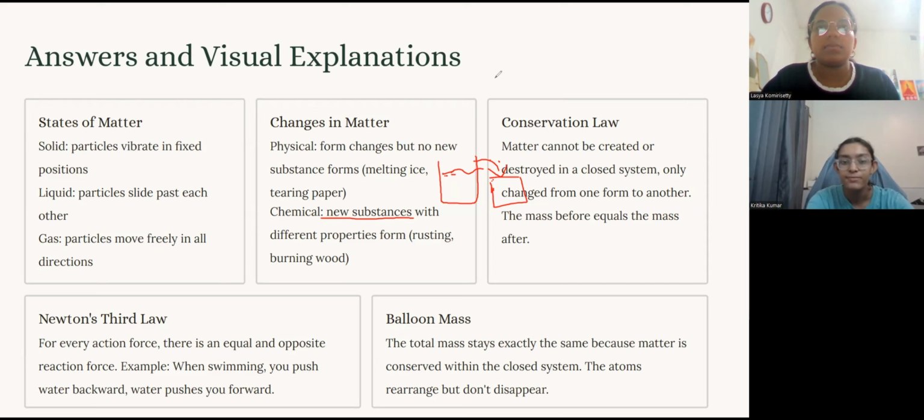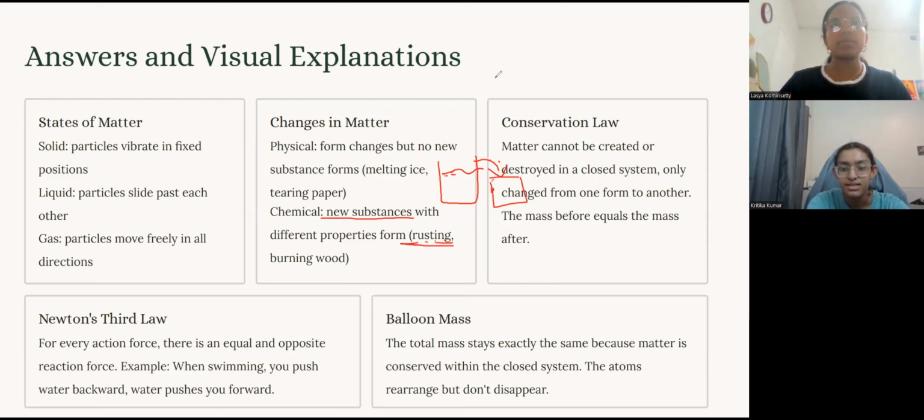So different properties would be something like rusting or burning wood, or like how we talked about the vinegar and baking soda thing, where you can look at the bubbles. Every time there's a chemical reaction, rusting happens on top of iron metal, right?